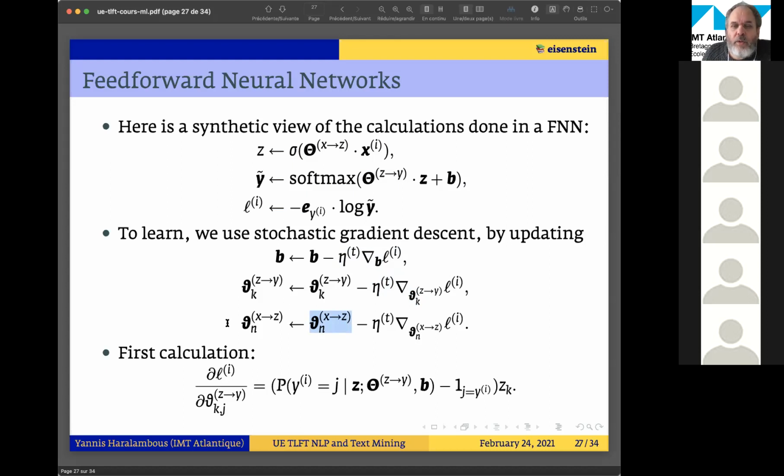My first calculation will be the one of the second layer. So theta of z to y. This is my model, so I just need to put here the formula for my model.